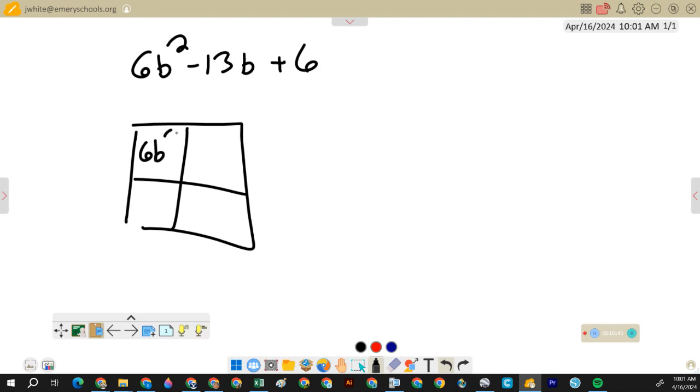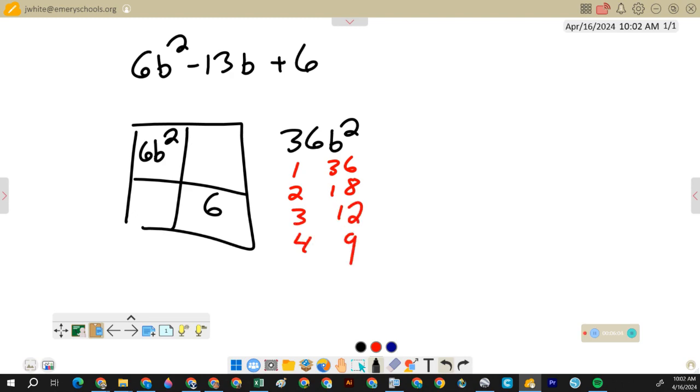I put in 6b squared and 6, multiply those together, and I get 36b squared. Factors of 36 that add to be 13. 1 and 36, 2 and 18, 3 and 12, 4 and 9, that's the one I want.